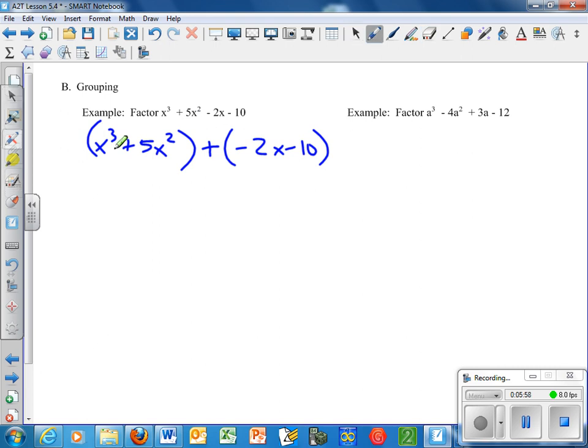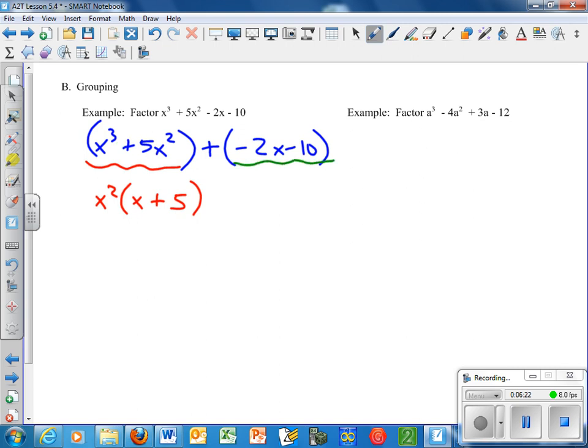Okay, so now, if you look at this right here, I want to factor out a common factor. Well, I can take out x squared from those 2 terms, and I'm left with x plus 5. So all we're doing is factoring the greatest common factor out of those 2 terms. Now I'm going to go over to this right here, and I'm also going to look at what can I take out of these 2 terms.